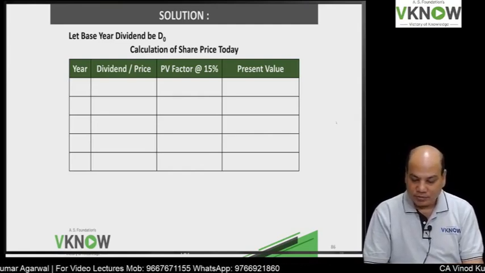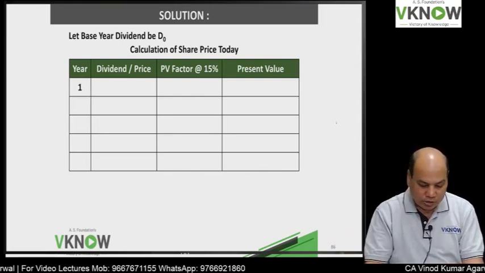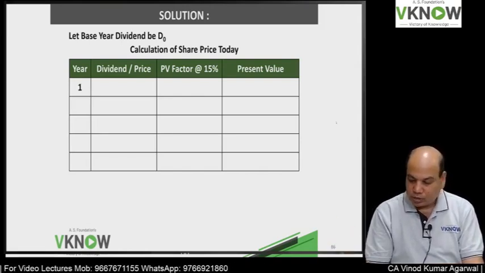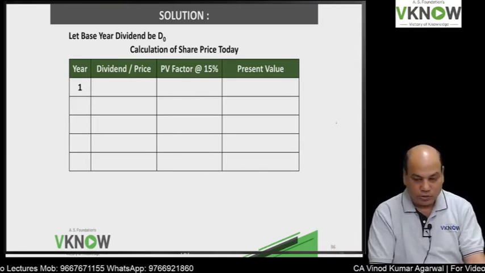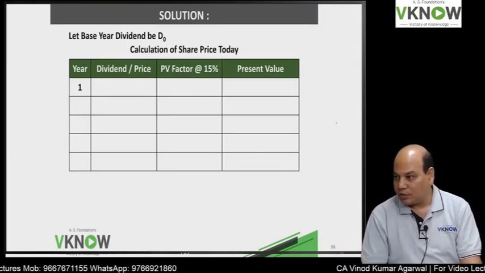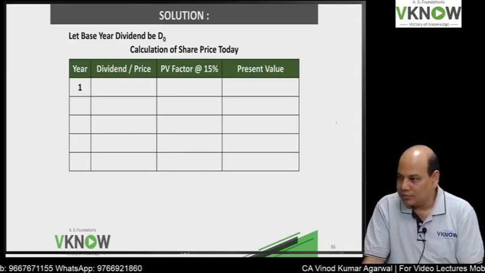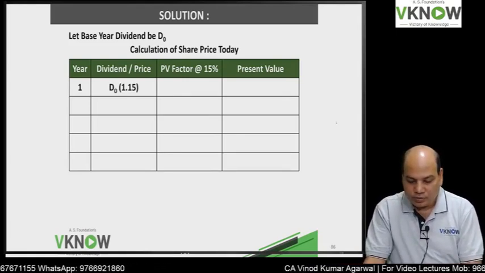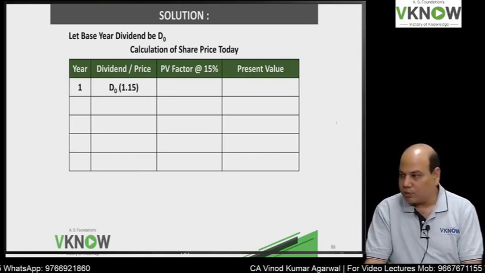So please write the calculation of share price today like a normal question, and it will be equated with the price today 52.03, and that will give you the value of D0, and you can find the value of D1 also, correct? So first year dividend would be D0 into 1.15.